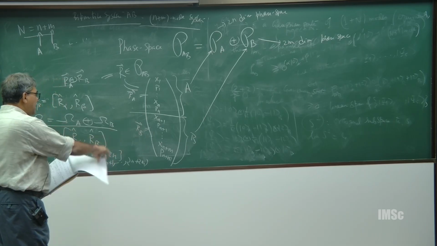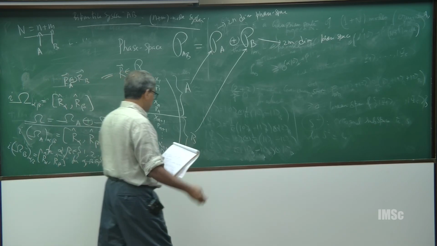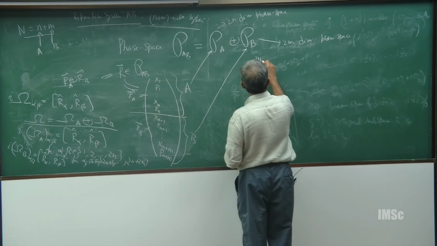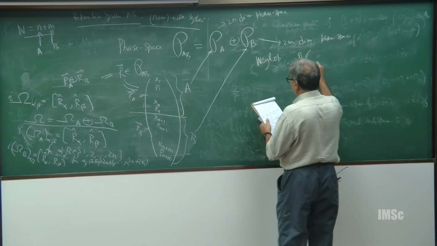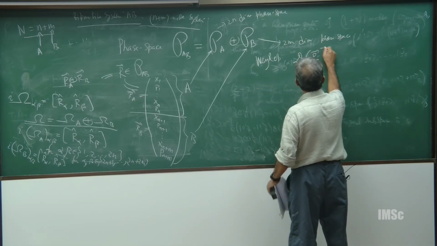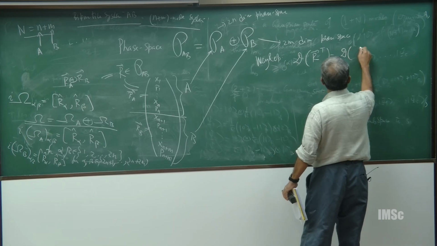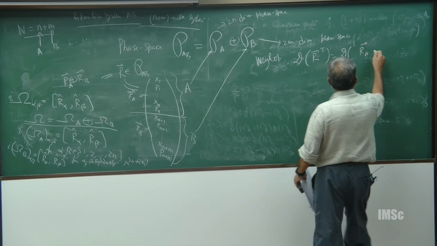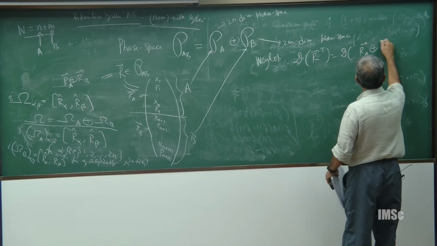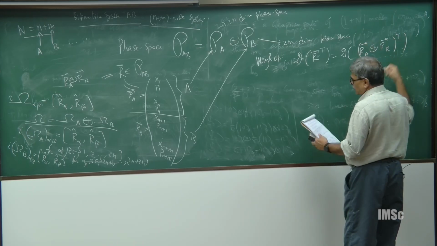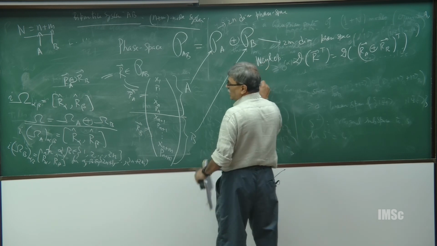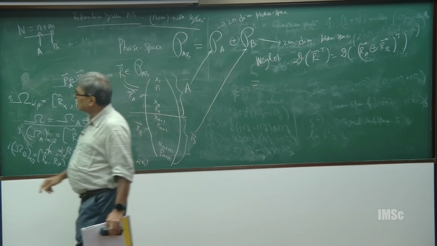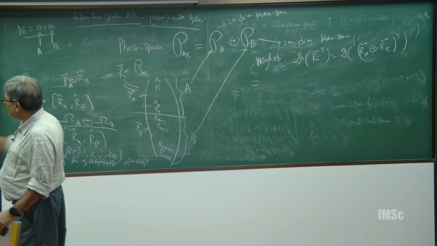Now, if I look at the Weyl operator, d of this is R, which is d of R A direct sum R B transpose. So I have written the Weyl operator, where is that? Yeah, that one.